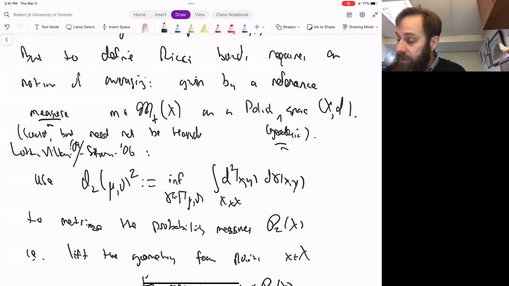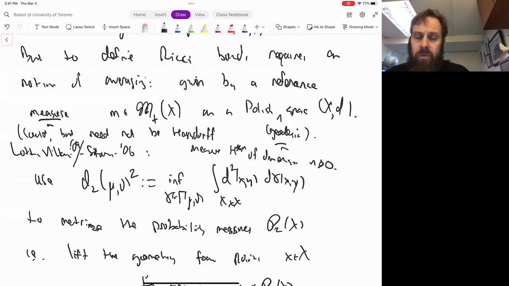As soon as you have a metric space, there's a notion of Hausdorff measure for each dimension, or let's say H^n of dimension n. And there's only one non-trivial n. So in other words, if you take n to be too large, H^n of X is going to be 0. And if you take n to be too small, H^n of X is going to be infinity. And there's precisely one n to the left of which H^n of X is infinity and to the right of which H^n of X is 0.